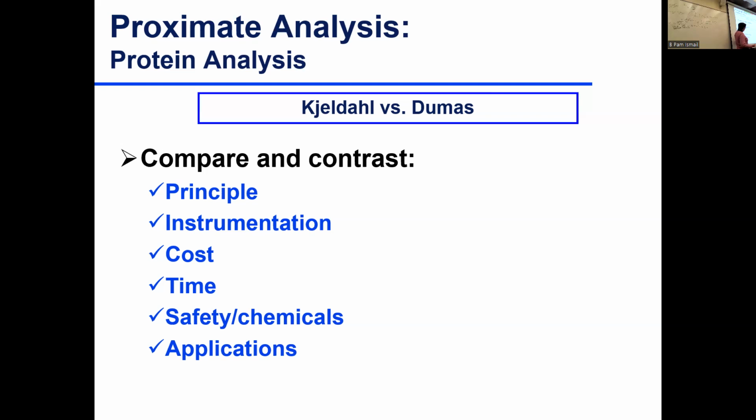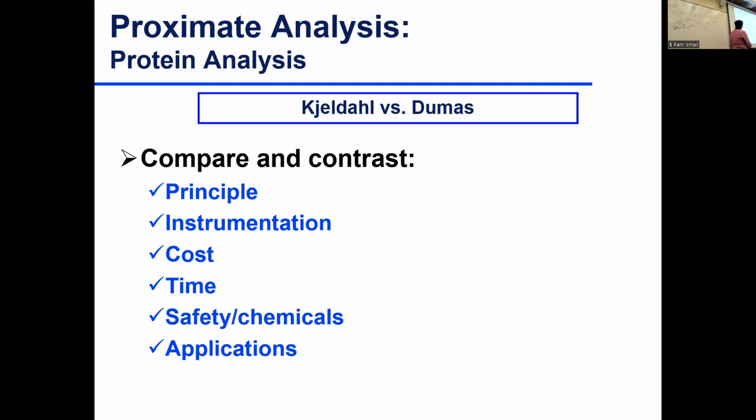Nitrogen combustion does not require chemicals, whereas Kjeldahl does, with very concentrated acid and base reagents, so we need to follow safety protocols. In terms of application, you can alternate. You can use one or the other in terms of accuracy, precision and reproducibility.